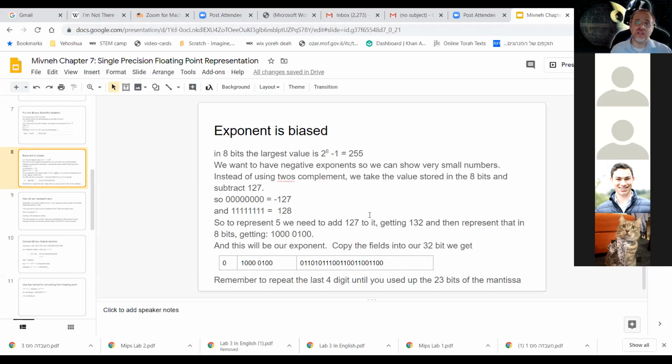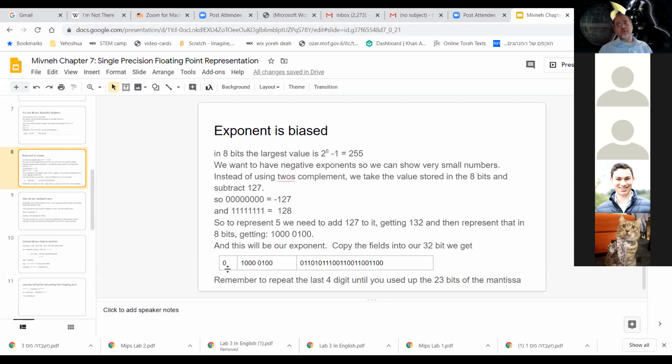I can't represent 1 times 2 to the power negative 127. That's the number I threw away. Because how would I represent it? I would write 1 over here, which would be all zeros, and I would write 0 over here to be negative 127. So that number I lost.